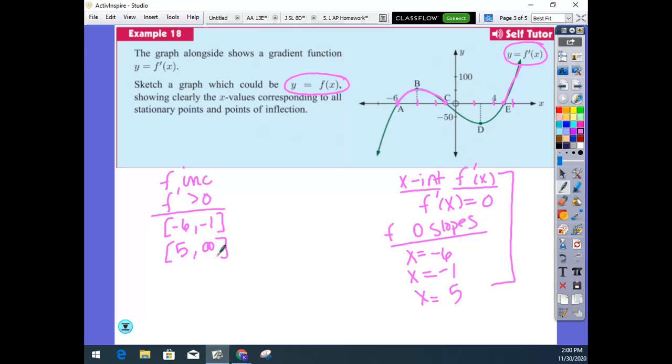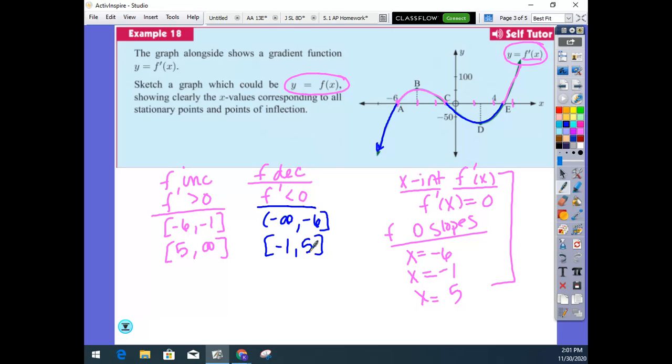These are the places where f is increasing. Where is f decreasing? That's where f prime is less than 0. So where is the graph of f prime less than 0? That's below. Oops, let me change the color. So f prime is less than 0 from -infinity to -6, and from -1 to 5.